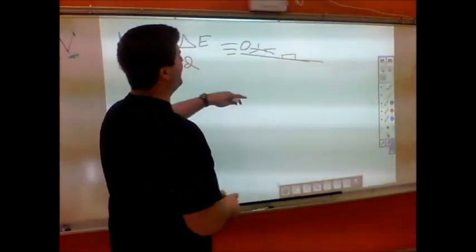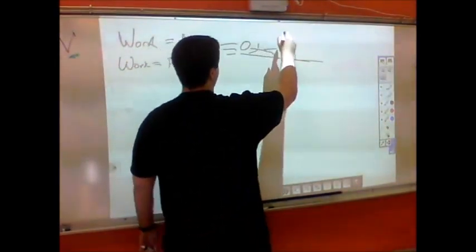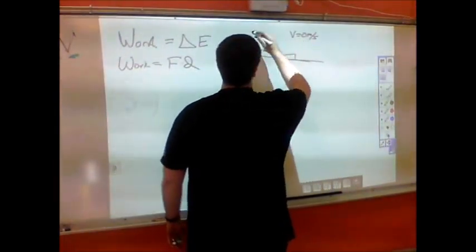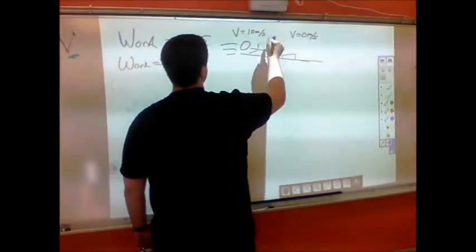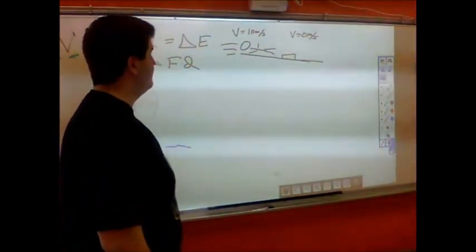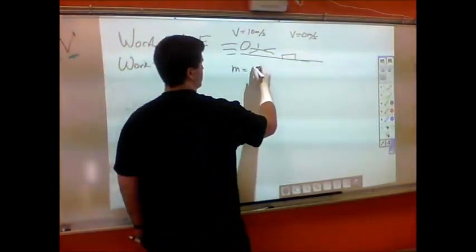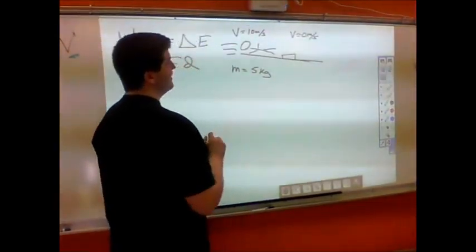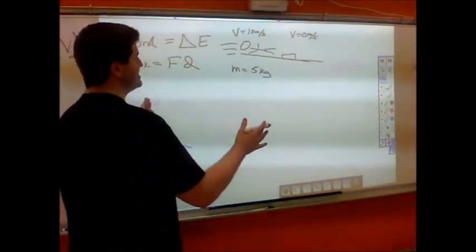I want to know if when she reaches the base, she's at rest, right? And if initially she is traveling at 10 meters per second, and she has a mass of, say, 5 kilograms.